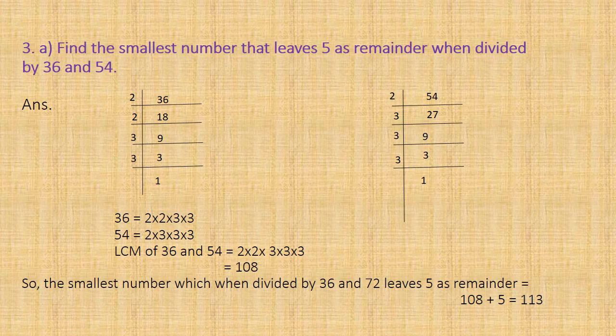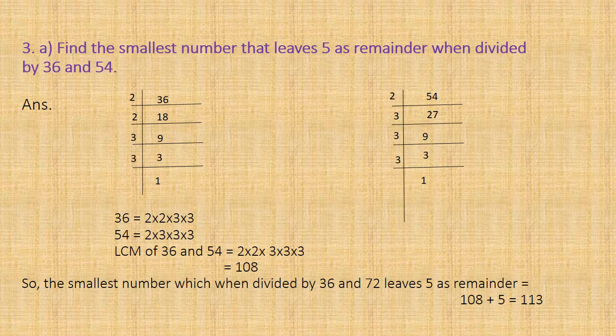Question number 3, part A. Find the smallest number that leaves 5 as remainder when divided by 36 and 54. So for this question students, here also we will take out the LCM of 36 and 54. For taking out the LCM, we will find out the factors of 36 and 54 separately.